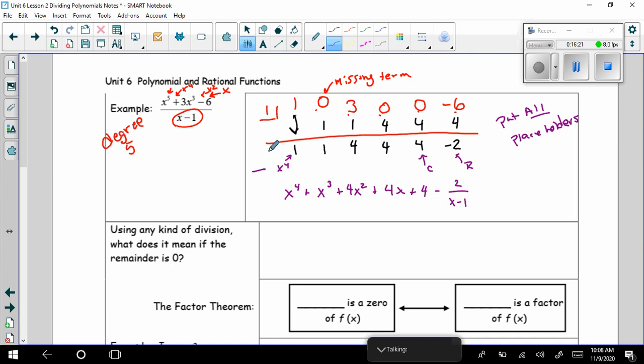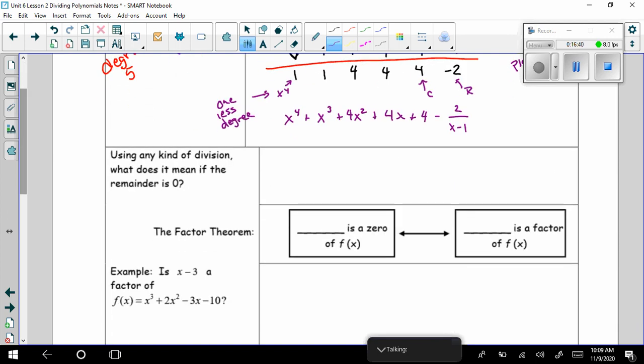We only use coefficients. And the answer is always 1 less degree, because we've divided out an x. Okay, so that's your two types of division.